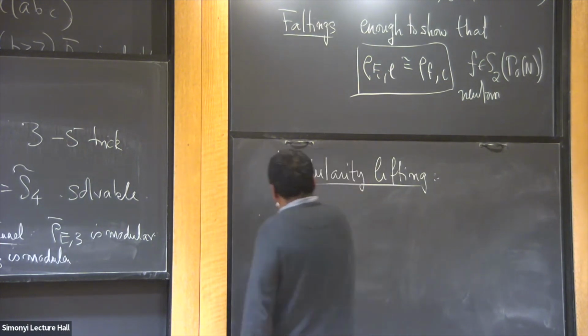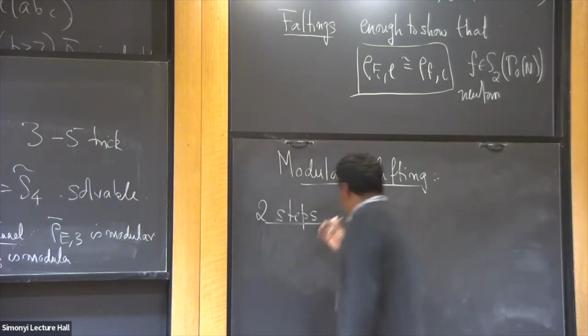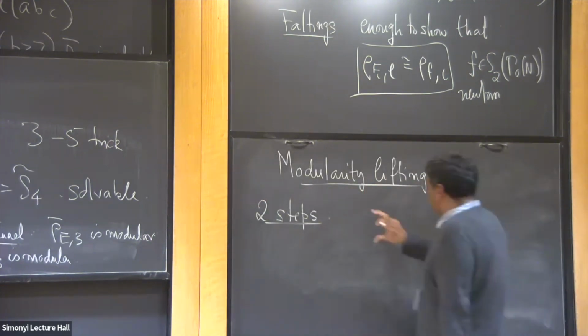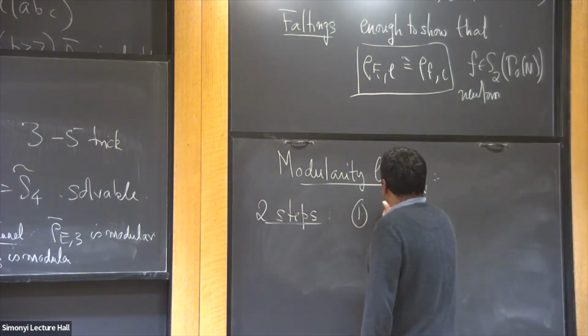All right, modularity lifting occurred in two steps, two stages. To put them in the inverse order to that in which they were discovered, the first step is patching, which occurred later.